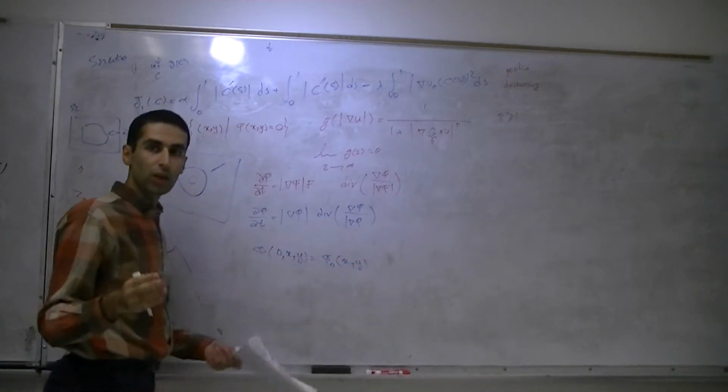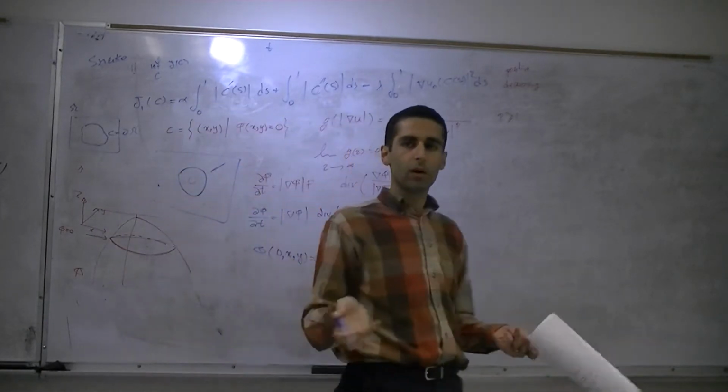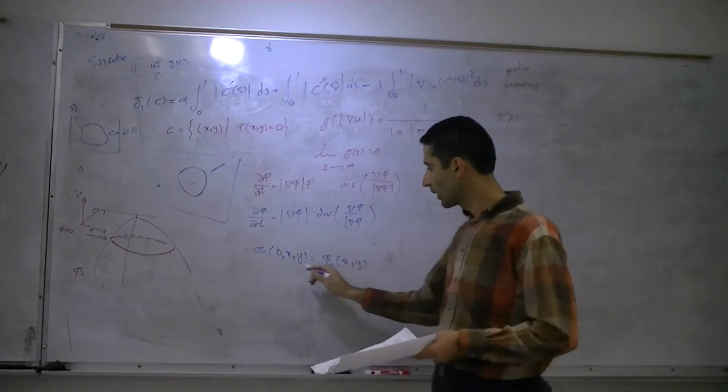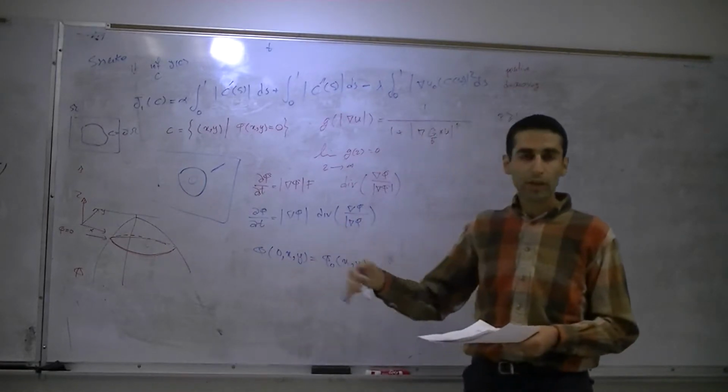For example, at the start, we start with one arbitrary curve. It doesn't matter what the shape of that is. We start with that one, and we increase the time.